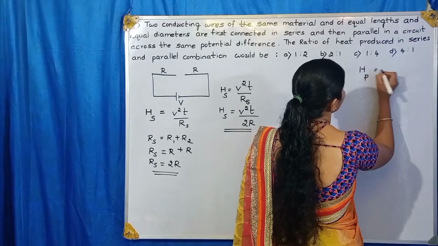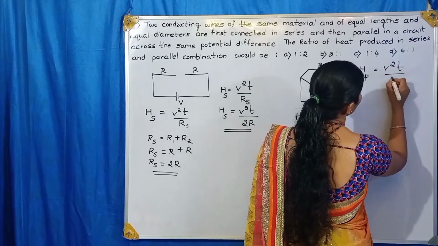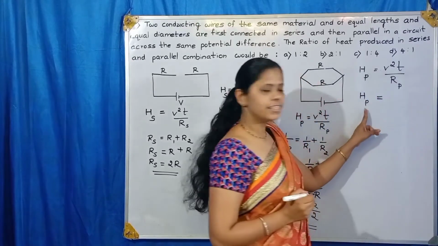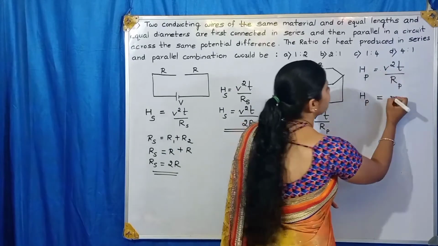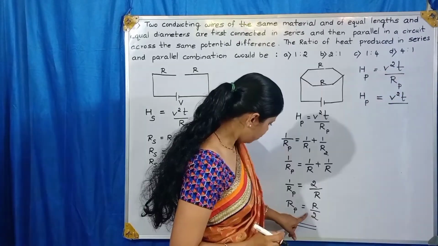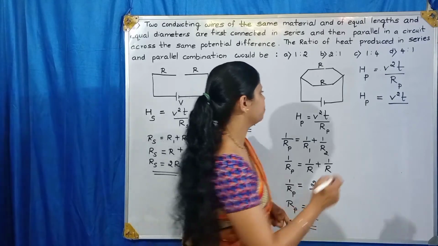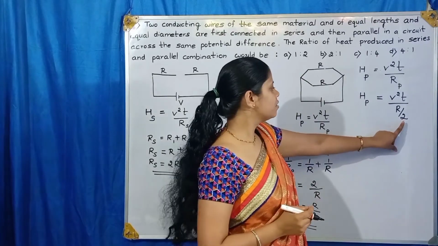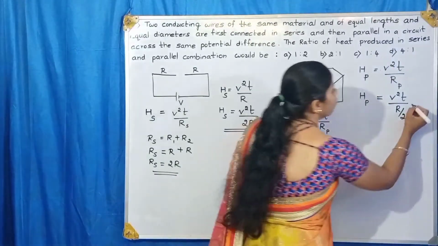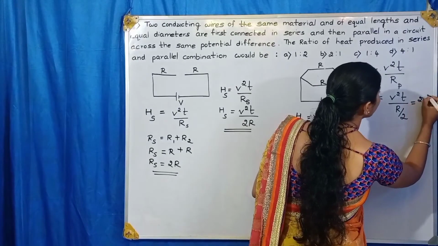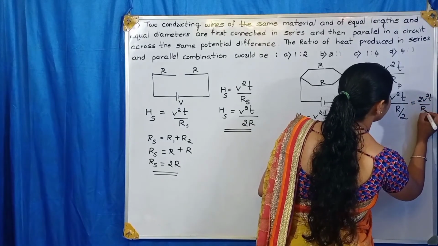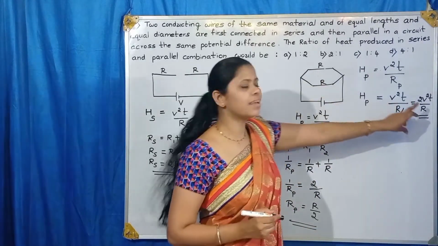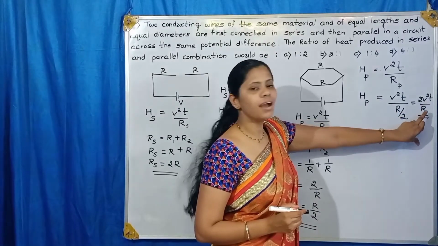Hp is equal to V square T divided by Rp. Hp is equal to V square T, equivalent resistance is R by 2. And we know that the denominator will go up. That is 2V square T divided by R. That is the heat produced when they are connected in parallel is 2V square T divided by R.